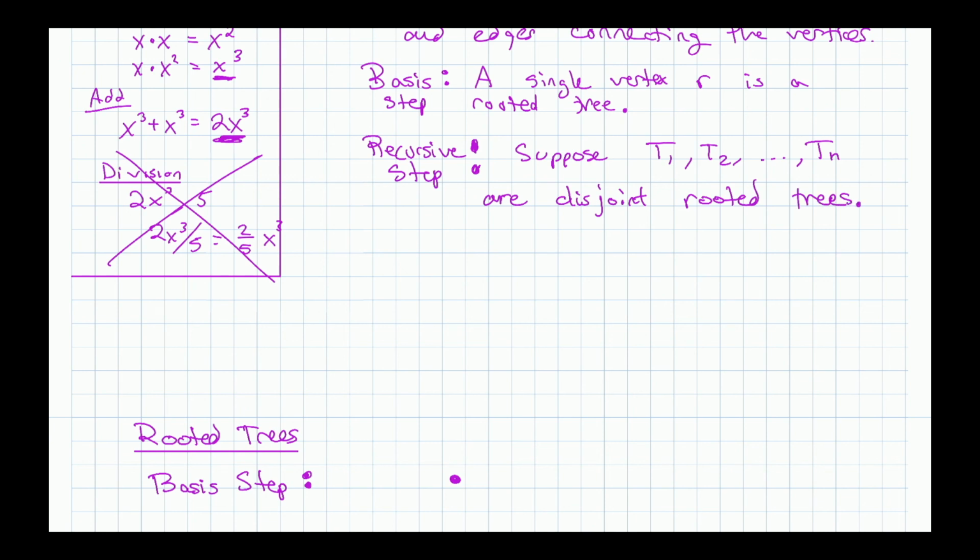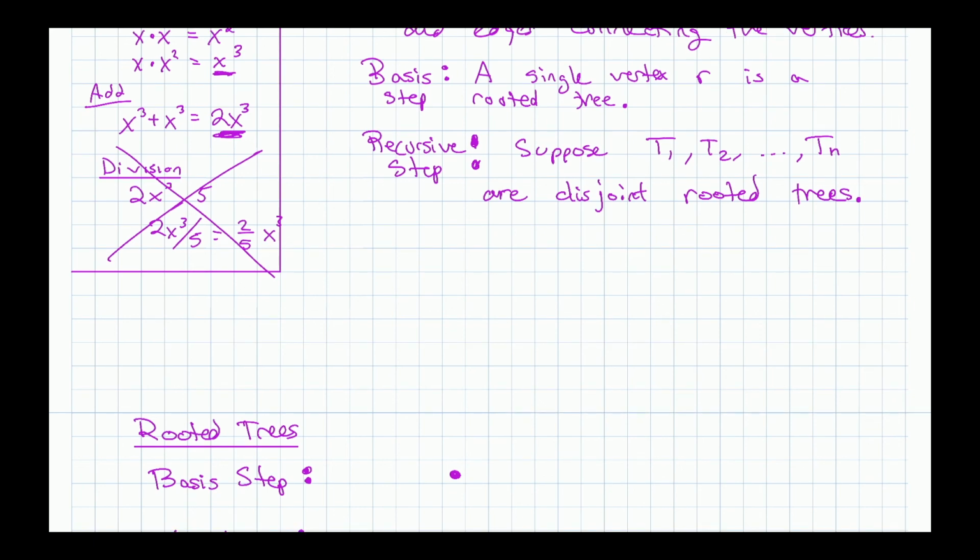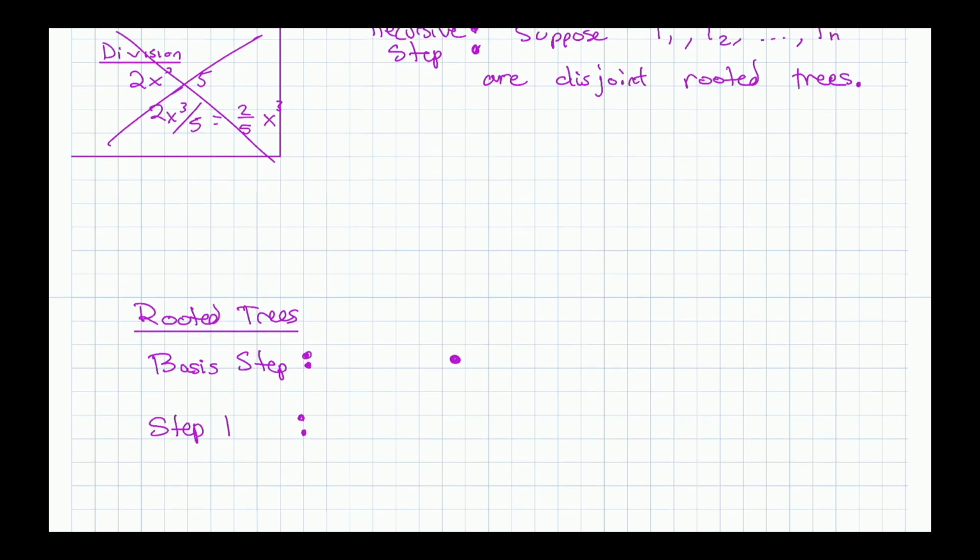Actually, I'll do it now. Disjoint means that they are completely separate. Let's say that this is a rooted tree and this is another rooted tree. Now those are both rooted trees.